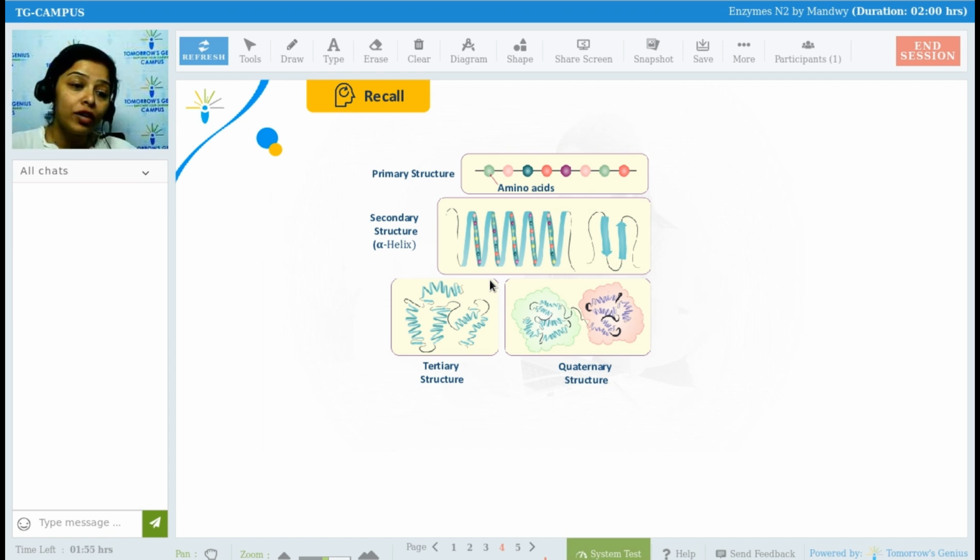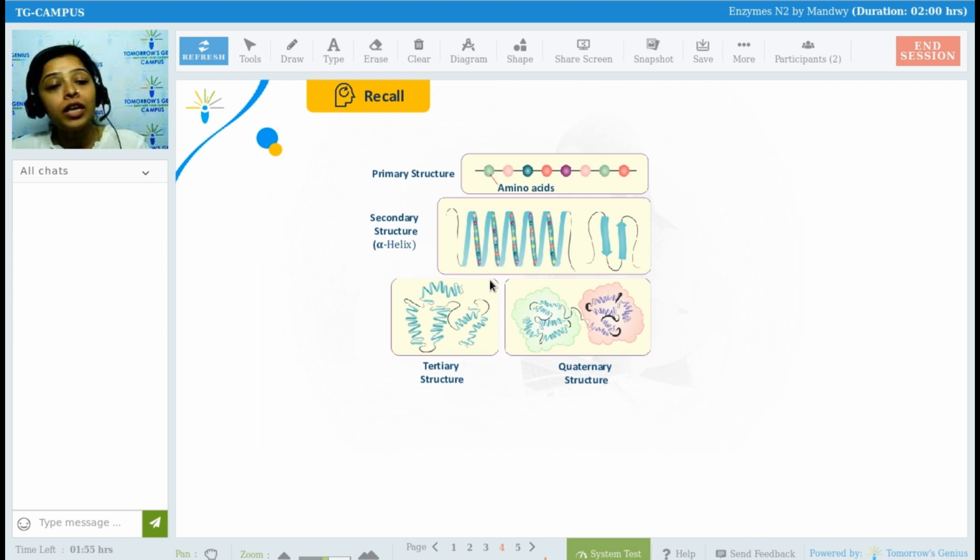Give me an example of macromolecules. Large molecules: carbohydrate, lipid, protein, nucleic acid. So here I'm taking one example, protein.